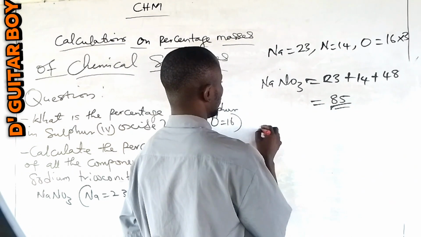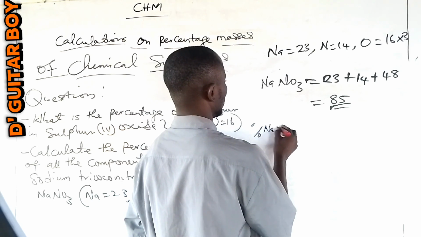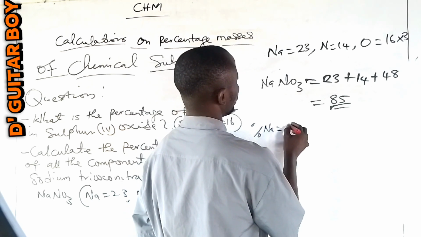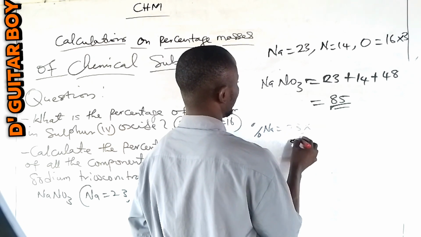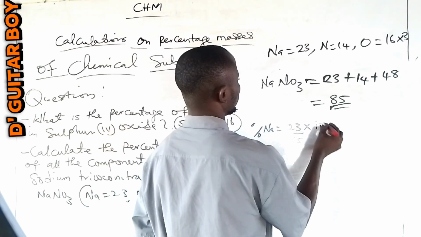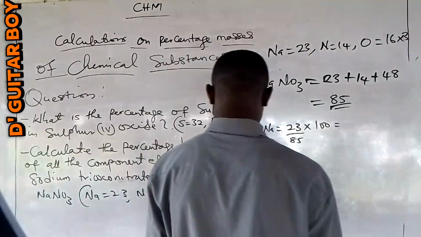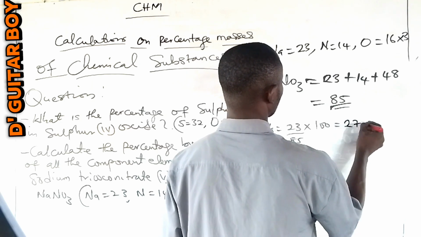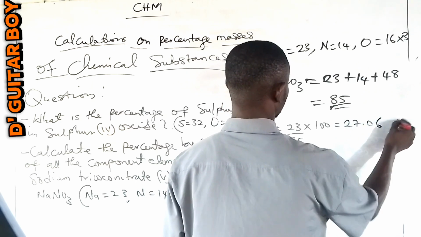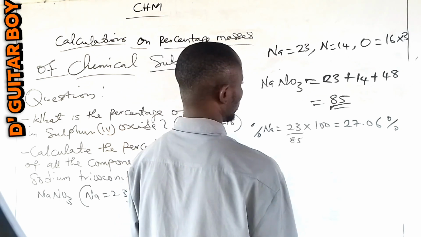Now for sodium, the percentage of sodium is equal to 23 all over 85 times 100, which equals 27.06%. So sodium contains 27.06%.